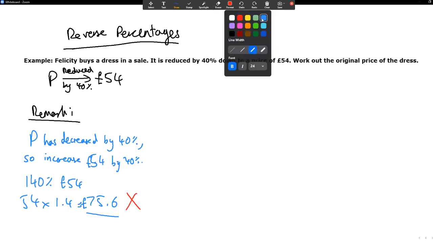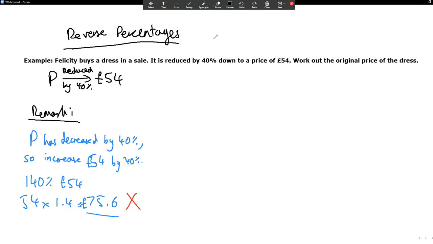Because the issue is, when you do it like this, you're not actually calculating 40% of P and adding it on. You're calculating 40% of the price you end up with, which is different from 40% of P. So you've decreased it by 40% of P, but you're only increasing it by 40% of 54. P and 54 are different things. So this 40% is going to be different.